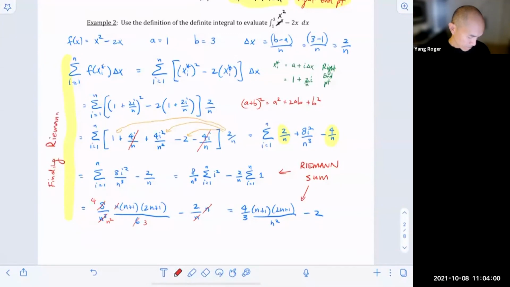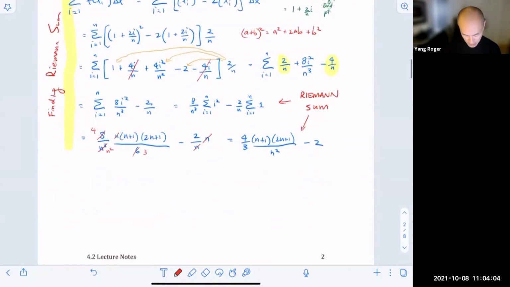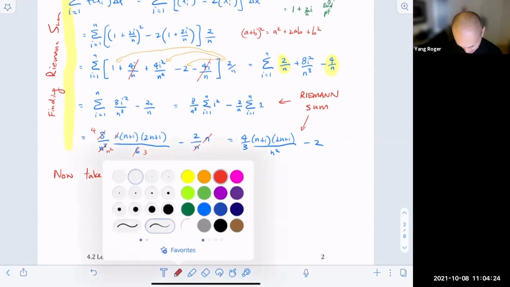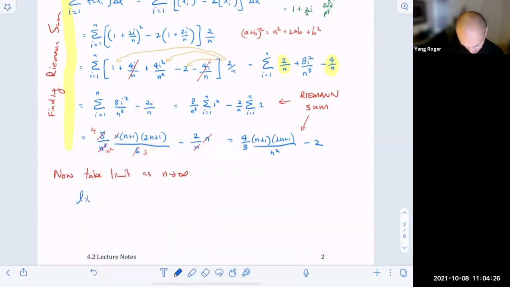And then the next thing we're going to do is take the limit. So now we take the limit as n goes to infinity.